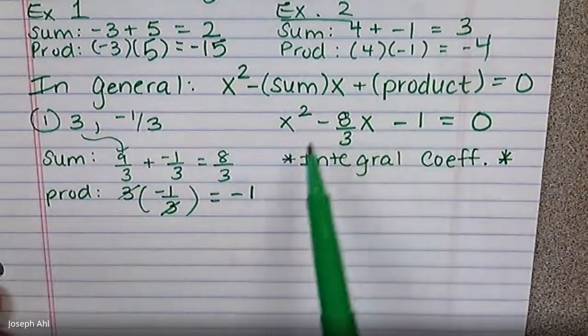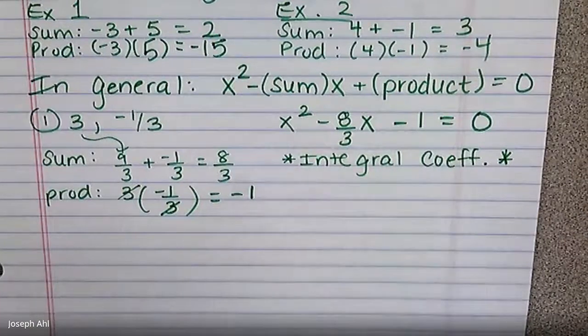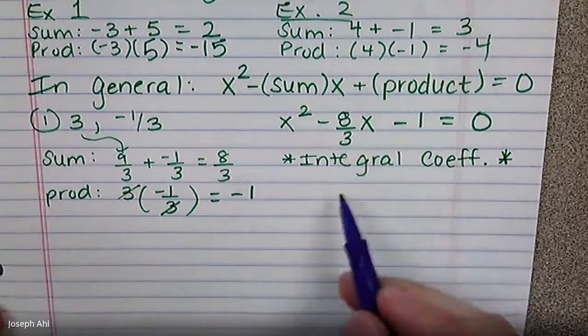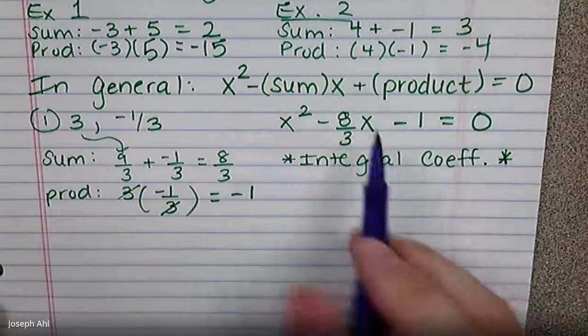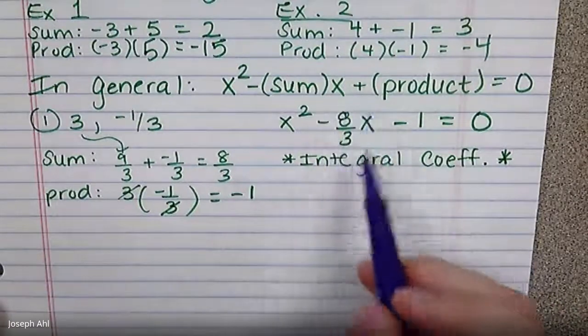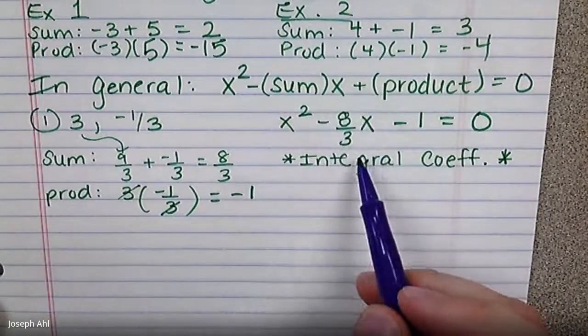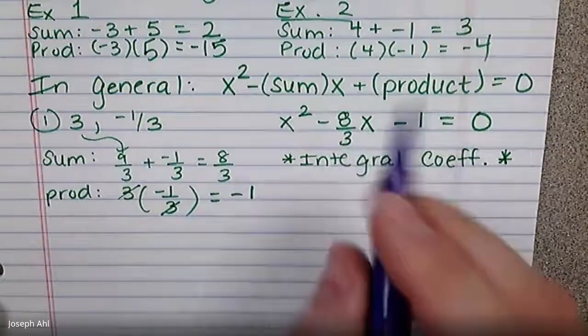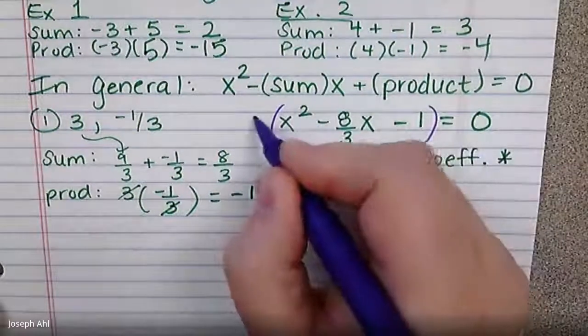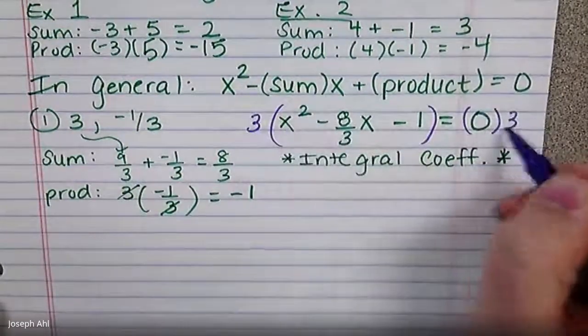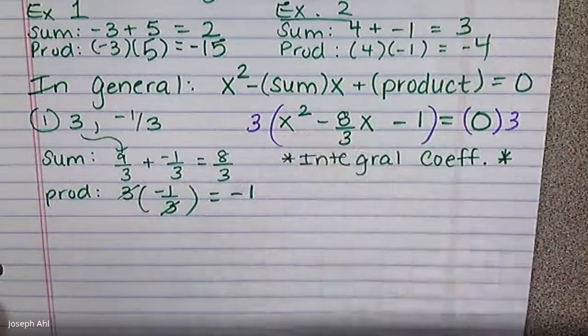What does integral kind of sound like in terms of a number that we know? It should sound like integers to you. So if we have to use integral coefficients, that means that 8/3 is no good because it's not an integer. So how are we going to fix that? You're going to multiply both sides by the LCD, which in this case happens to be 3.